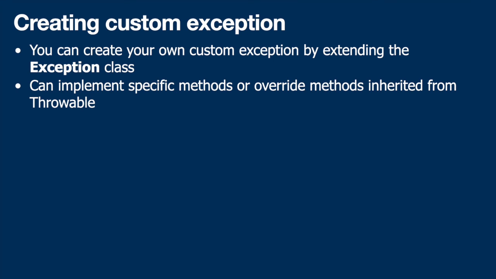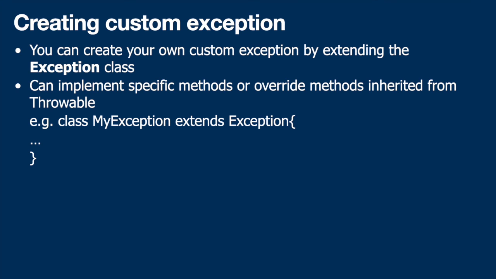Throwable has many methods which the exception class inherits automatically, and if we subclass exception, then we can also access those methods, and if we want, we can override or implement specifically those methods depicted in the throwable class.